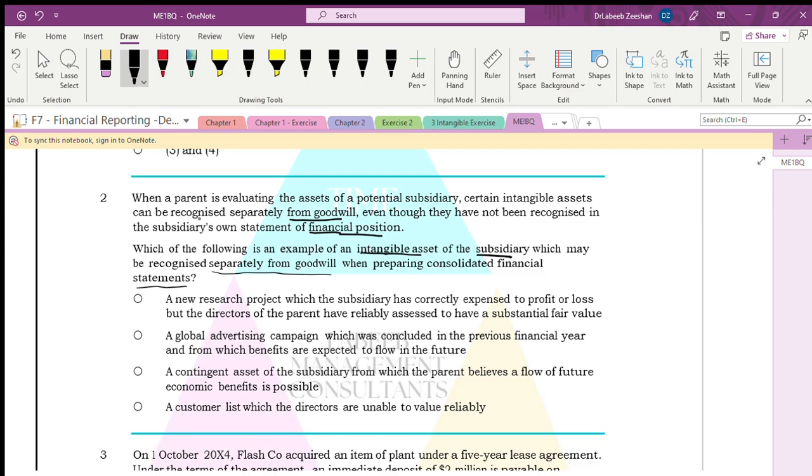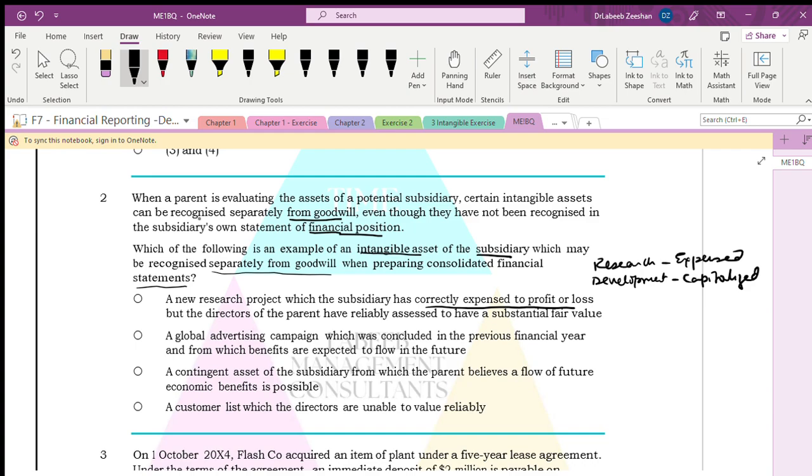A new research project which the subsidiary has correctly expensed to profit and loss. See, research will be expensed. Is it right? And development will be capitalized. Is it? Basic core difference.